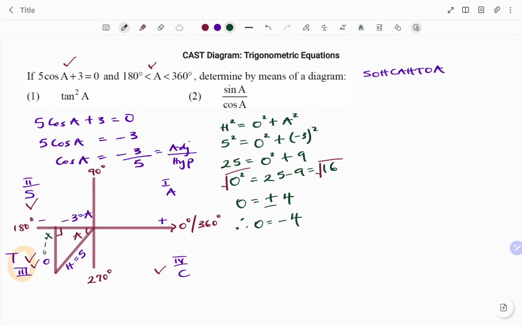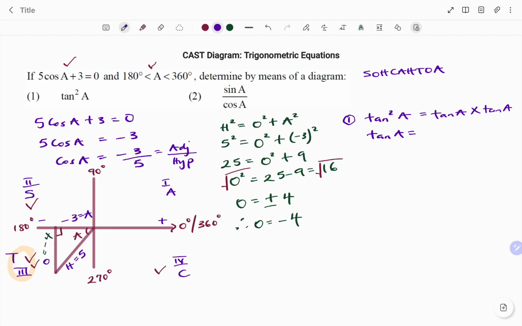Now going to the first part of the question that says, find the value of tan squared A. Tan squared A is the same as tan A times tan A. And we know that tan is in our trig ratio.